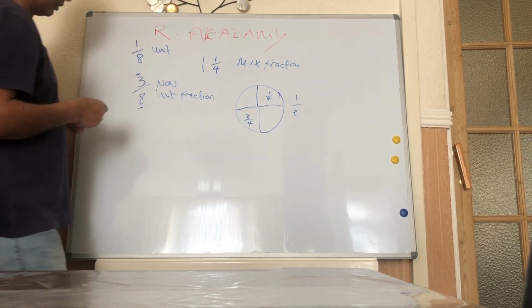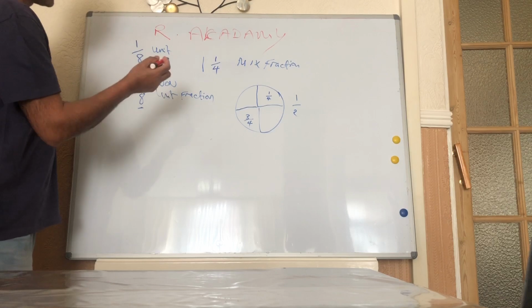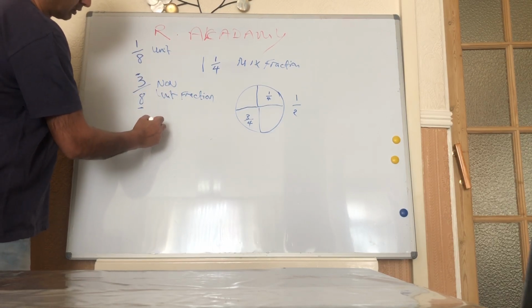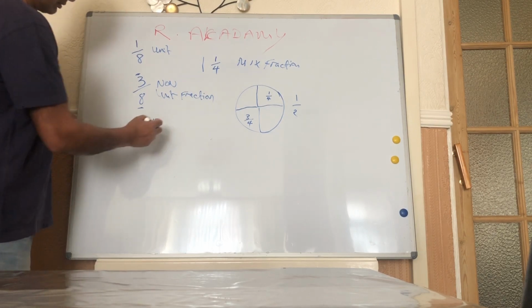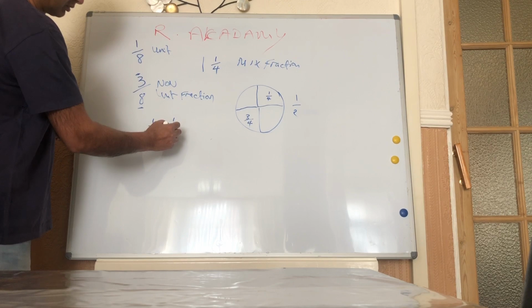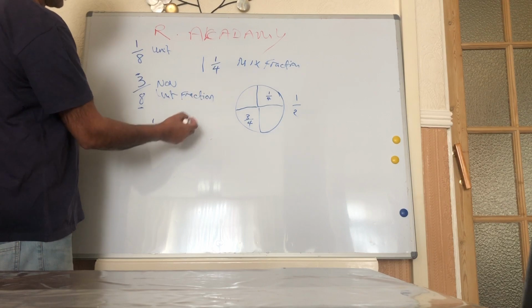Okay, so to add a fraction to a fraction, it would be like, say, 1/2 plus 1/4. Actually, we'll stick to 1/2 because it'll be easier for you to understand what I'm going to do next.